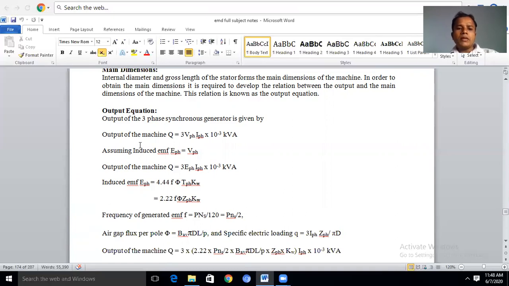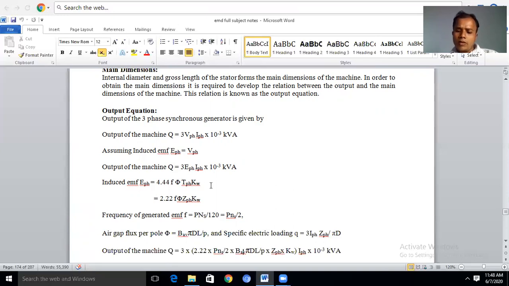There are some changes in the parameters, because the synchronous machine has to maintain synchronism with the other existing machines and with the network. So the parameters may change. The output equation remains the same, but the effect of those parameters changes a bit.